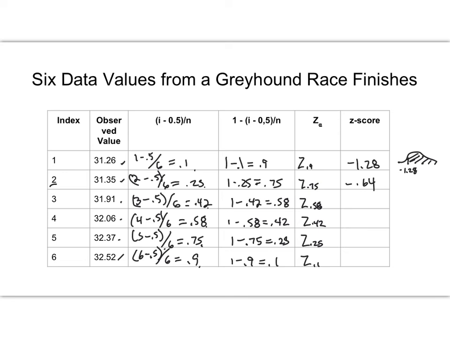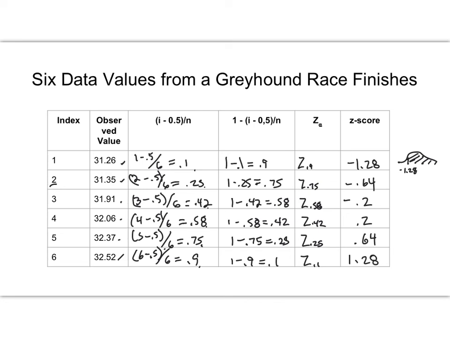And z alpha 0.58 is the top 58th percentile, or the bottom 42nd percentile. And I get a z-score of negative 0.2. Here I'm going to get a positive 0.2, a positive 0.64, and a positive 1.28.